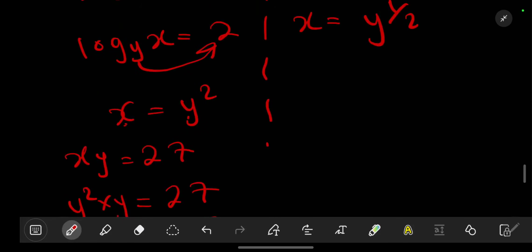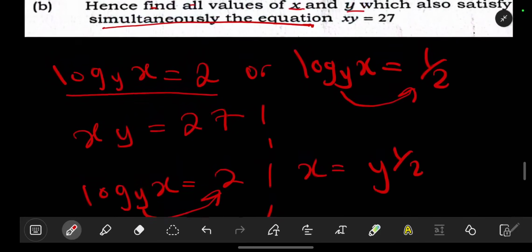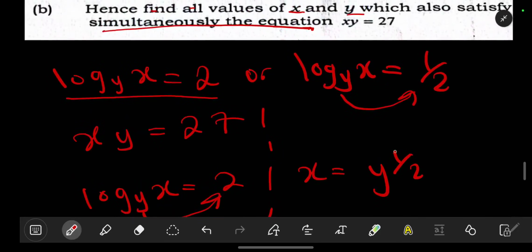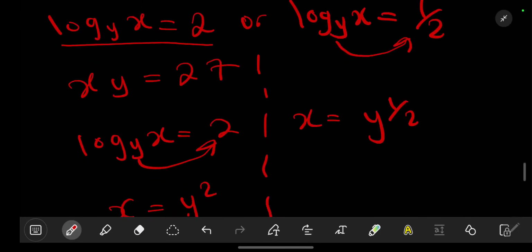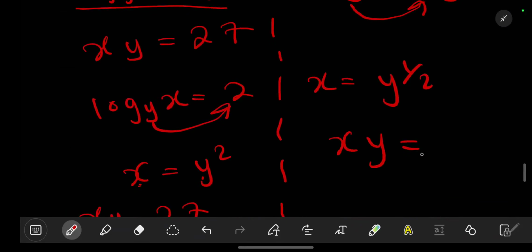Then for this other part, we are finding all the values. Then it is the other equation, which we are solving simultaneously, xy is equal to 27, like that.